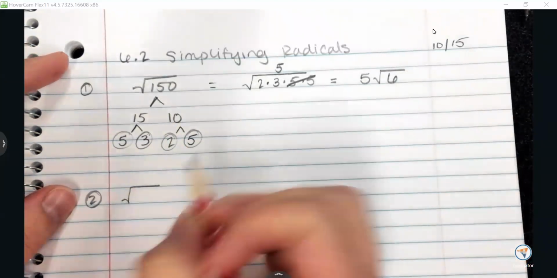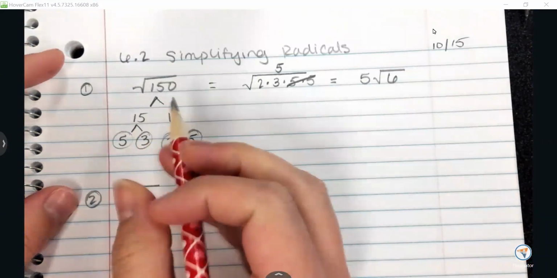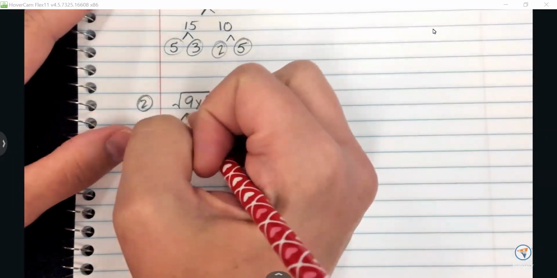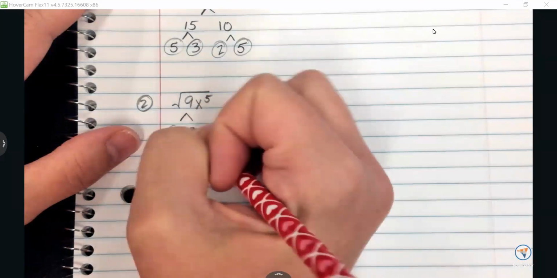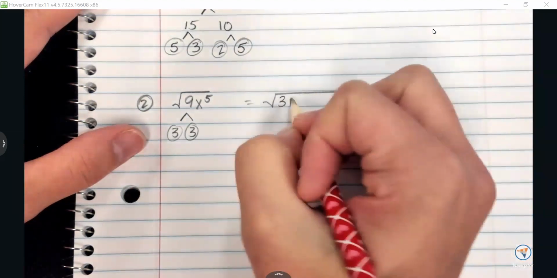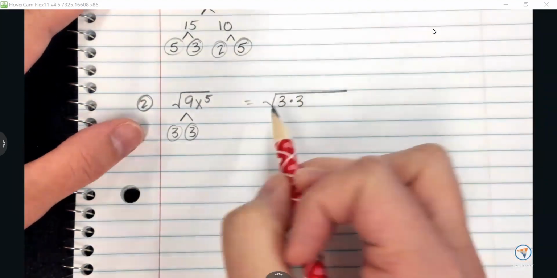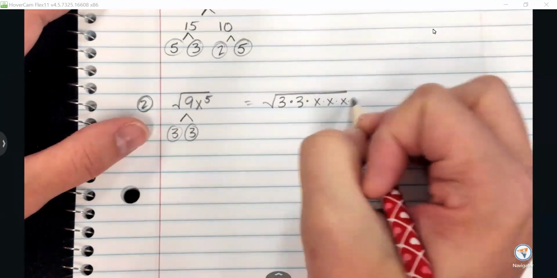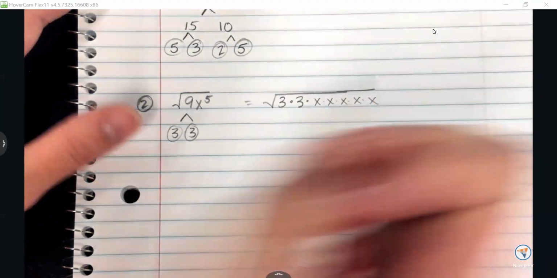So the next one would tell me square root of 9x to the 5th. Well, 9's a perfect square. I should know that one, but just in case, I have 3 times 3. And so when I rewrite my radical, until you catch on, you can write it like this: 3 times 3, and then I have 5 x's.